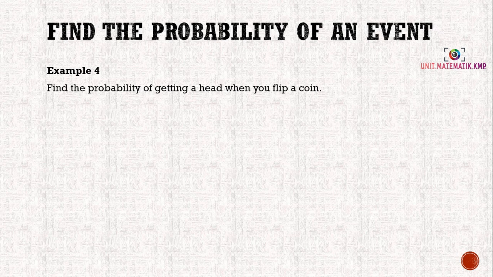So we know a coin has two faces, which is the sample space, H and T. The probability of getting a head, we denote it as an event A. So A is an event of getting a head. The question asks for a probability. So the probability of A is 1/2.